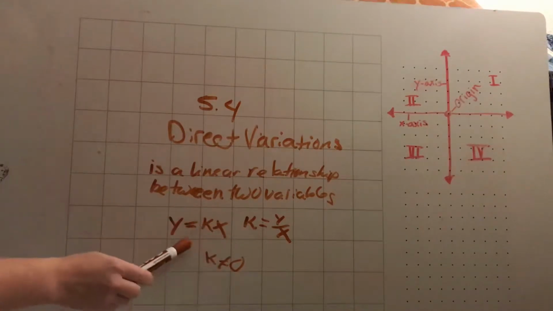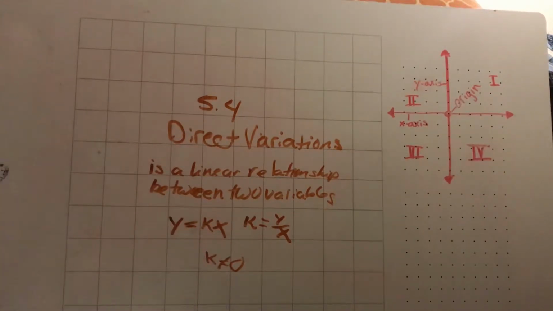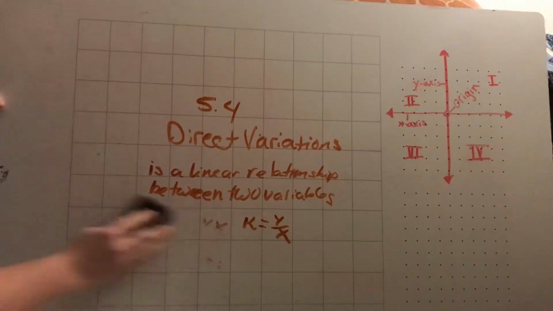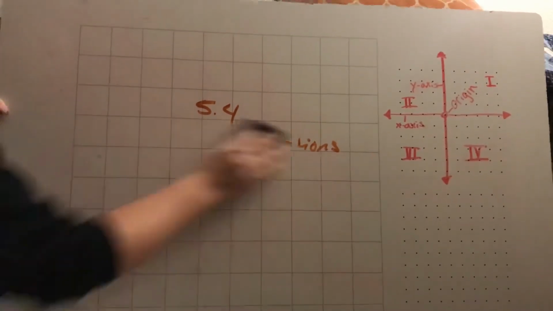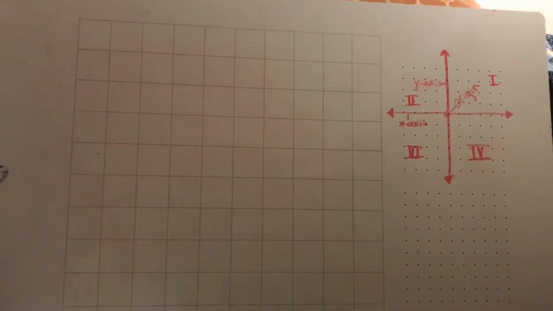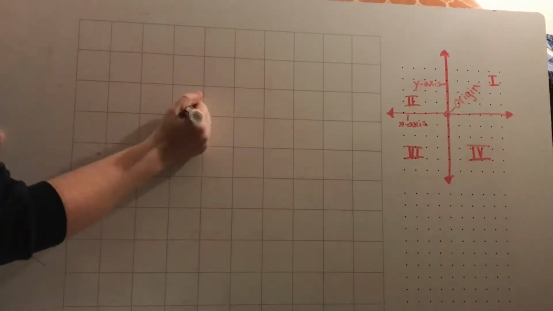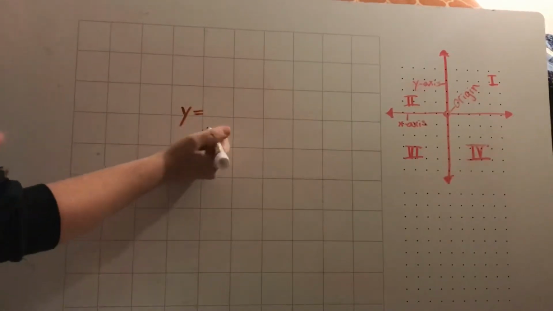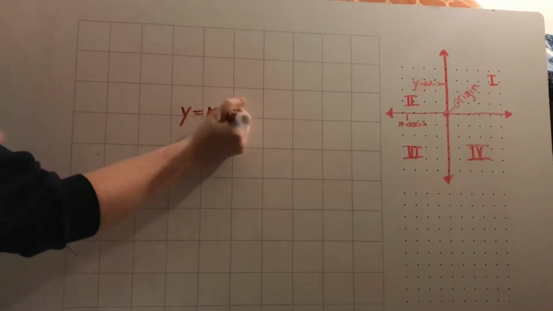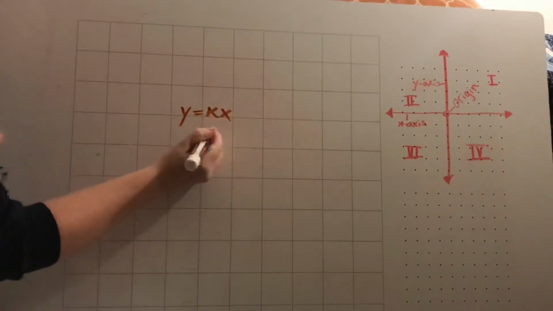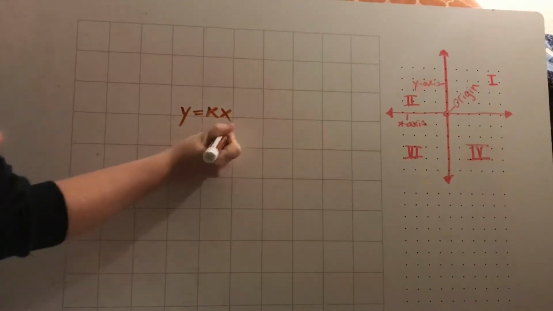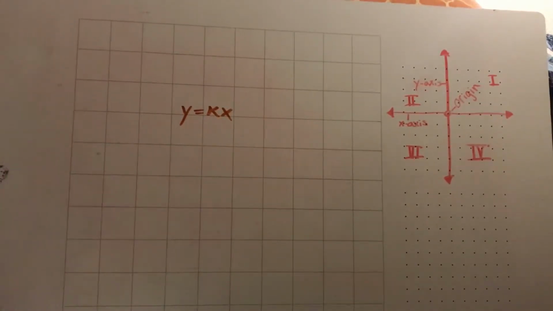Now this should look fairly familiar, because y equals kx is our line formula for a line that goes through point 0, 0 and has a slope. So like this would be our slope, and then you'd have x and y.